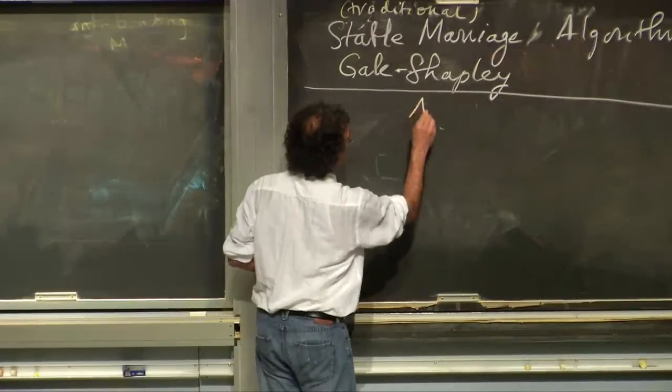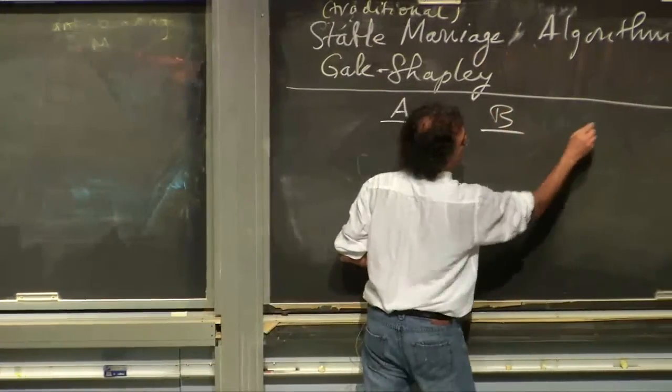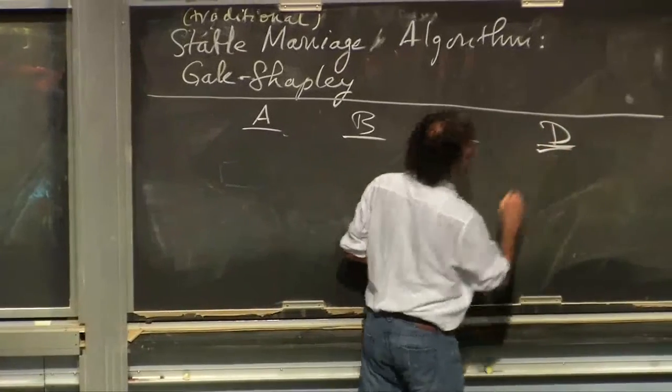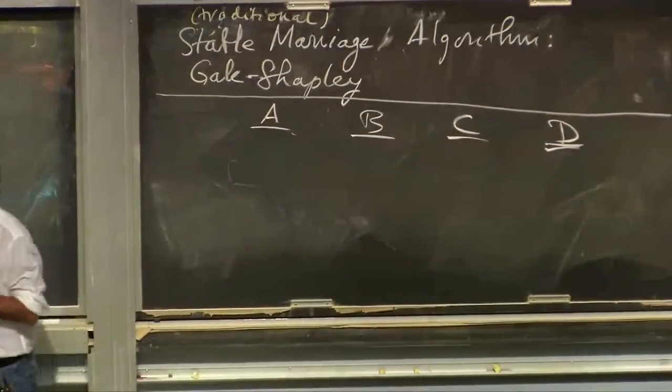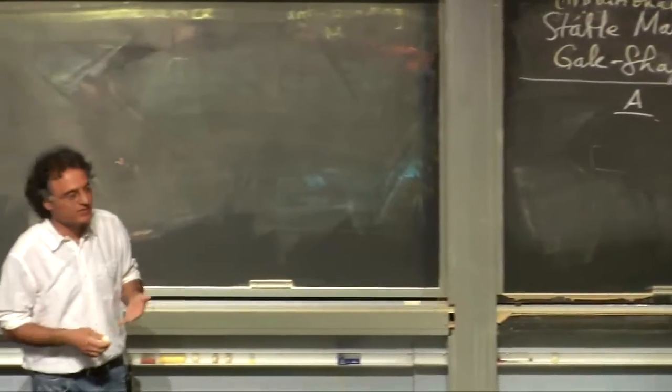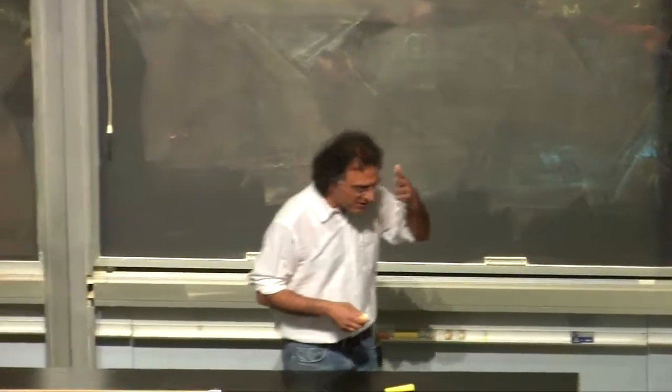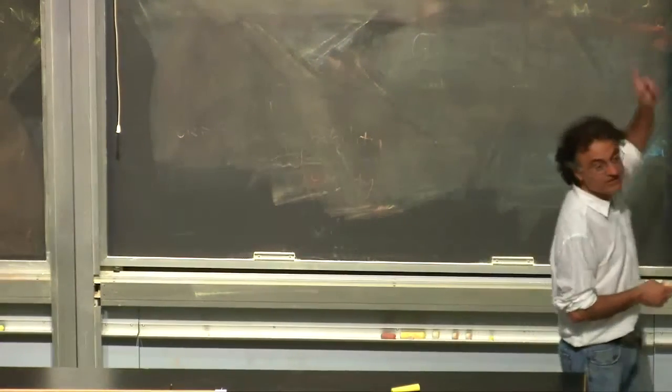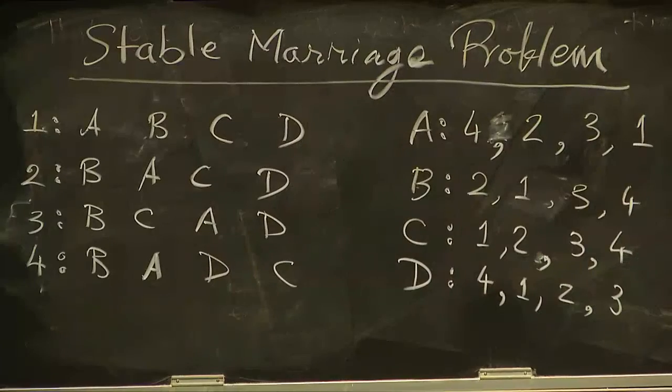So A, B, C, D are at home at the balconies. The men do all the running around. Each morning, each of them consults their list and says, what's my biggest priority today? Well, my biggest priority is to go courting, and they look at the first woman on their list and go to that place and go courting.